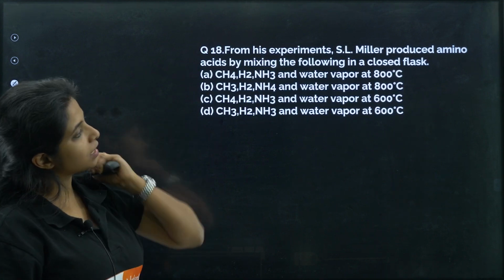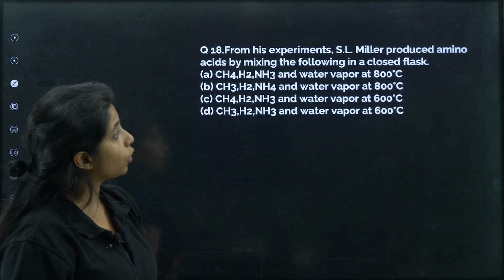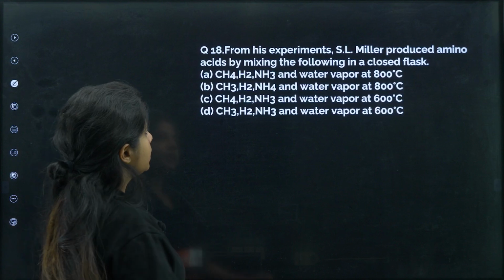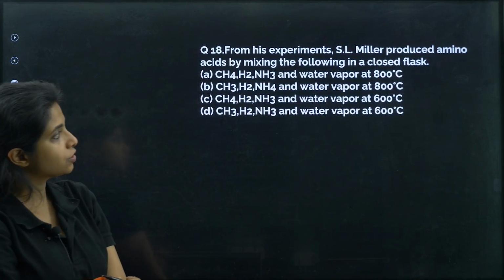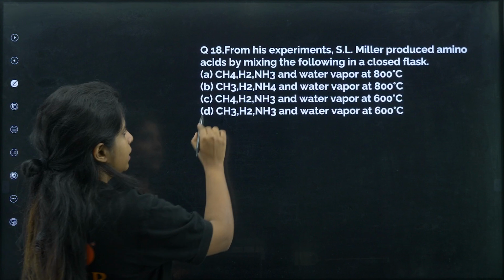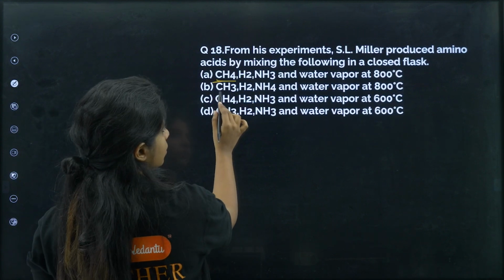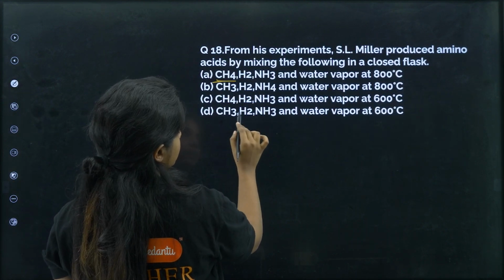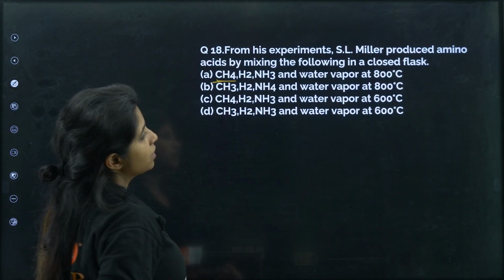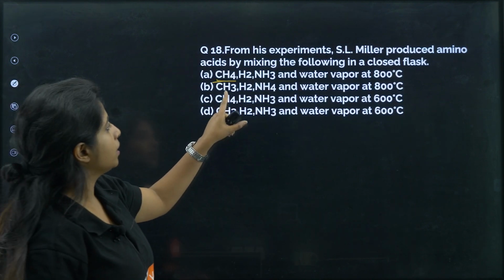From his experiments, S.L. Miller produced amino acids by mixing the following in a closed flask: CH4, H2, NH3 and water vapor at 800 degrees Celsius. What is the answer, my dear children? Everything is the same, children, please understand.